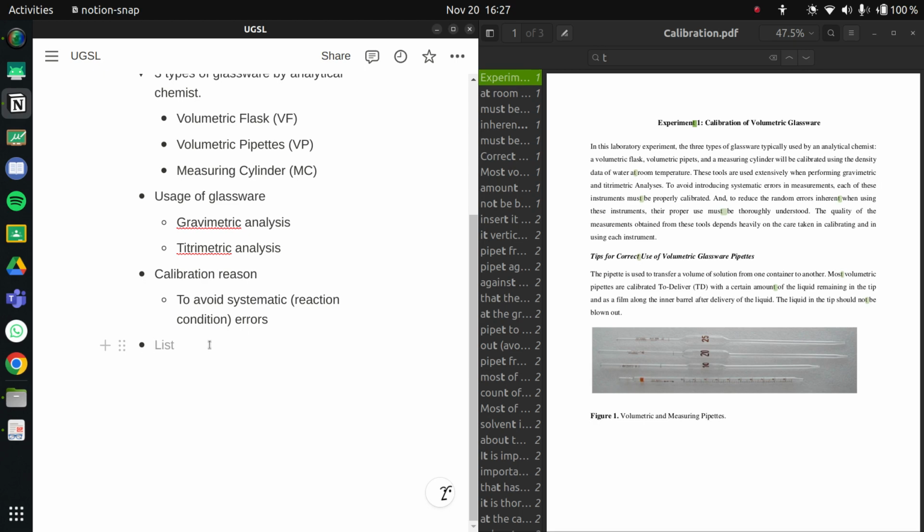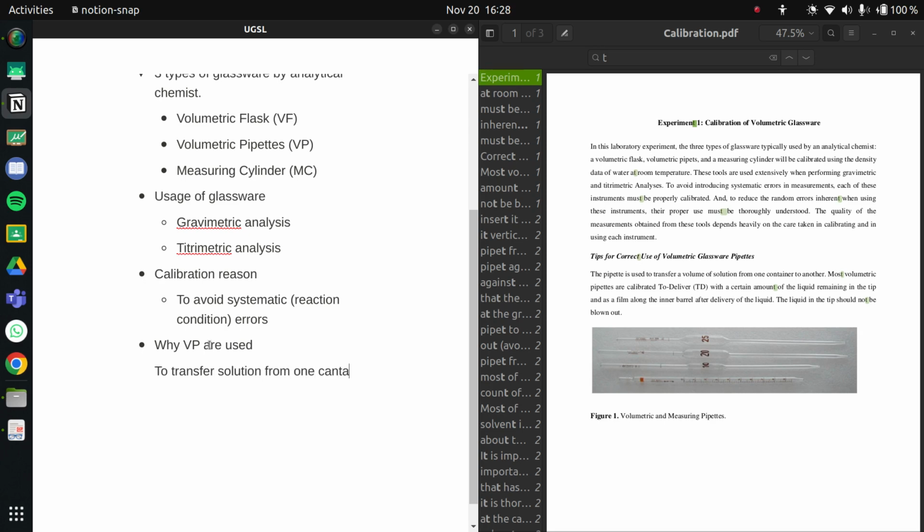The pipette is used to transfer a volume of solution from one container to another container. Most volumetric pipettes are calibrated. So how are volumetric pipettes used? They are used to transfer a volume of solution from one container to the other.